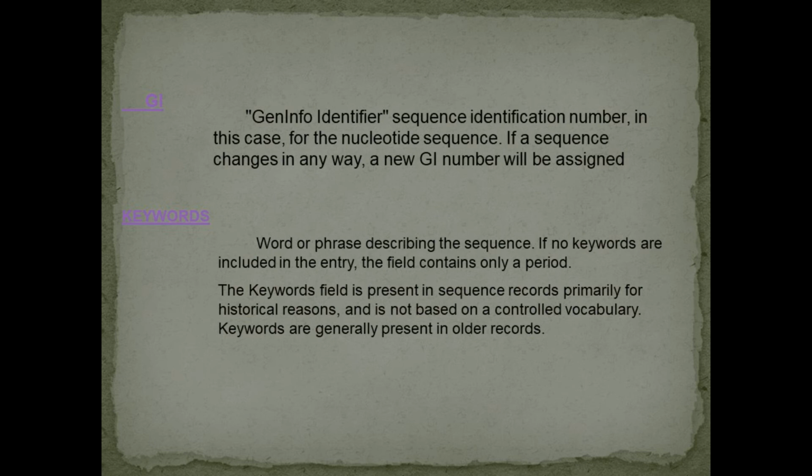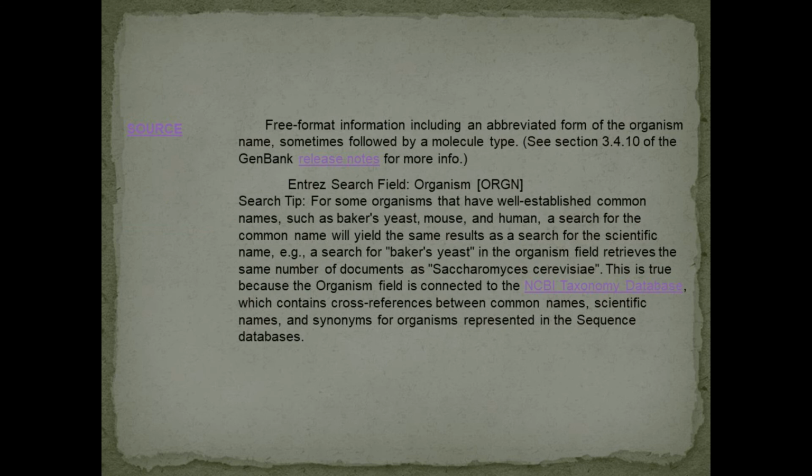Now I am going to discuss the source section. Free format information including an abbreviated form of the organism name, followed by the molecule type. Search field of interest, for example organism, ORGN. There are search tips, for example for organisms that have a well established common name such as baker's yeast, mouse, human.